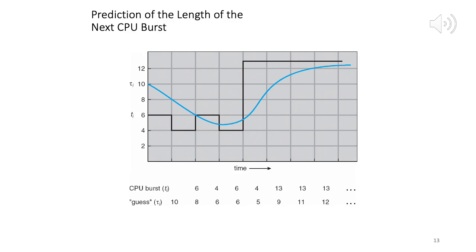So 10 is the history, maybe a weighted average. 6 is the most recent one. So 10 by 2 plus 6 by 2, 5 and 3, 8. So now the weighted one has changed from 10 to 8. Why did it change? Because some weightage we took from 10, some weightage we took from 6.